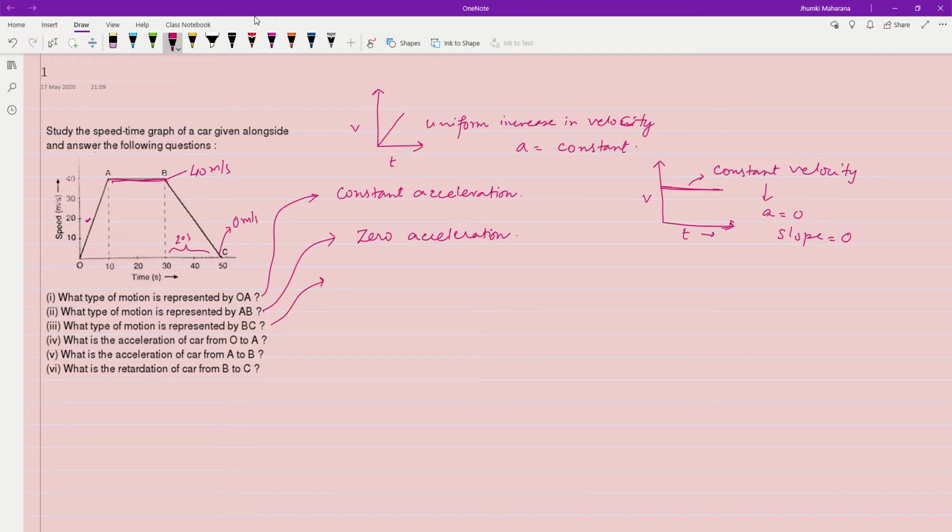So because there is a decrease in velocity with time, therefore what we would have, there is retardation, or we also can call it as negative acceleration.